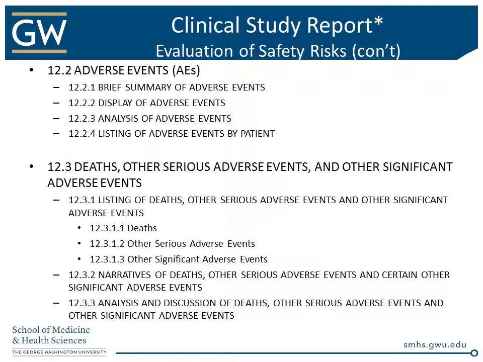Under Section 12.3.2, Narratives of Deaths, Other SAEs, Serious Adverse Events, and Certain Other Significant AEs, ICH E3 states this section should include brief narratives describing deaths or other serious adverse events, and other significant adverse events that are judged to be of special interest because of their clinical importance.